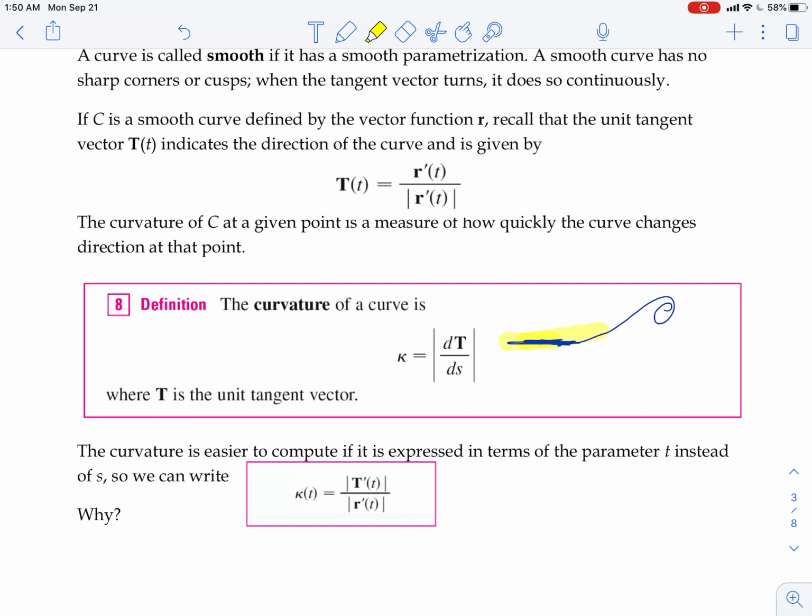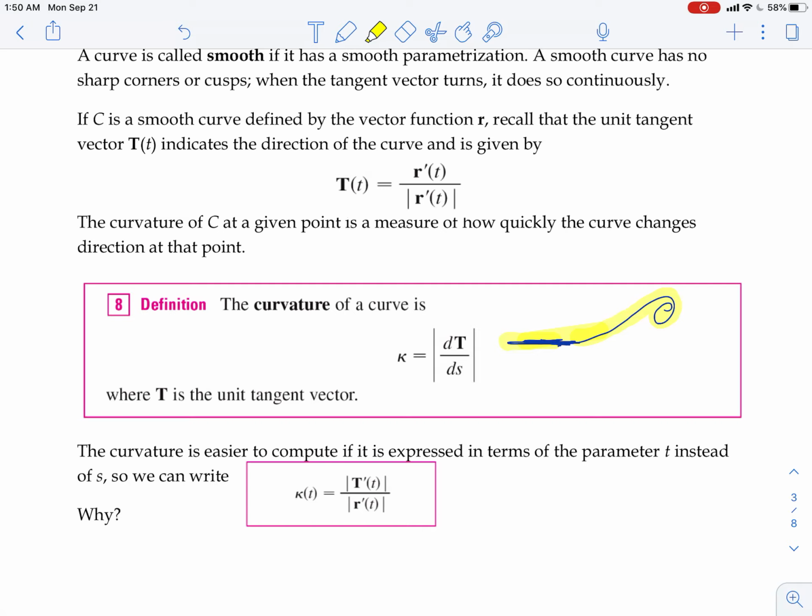Then once we get here, it changes some, but then it becomes more like a line. So when we're talking about curvature, how much less of a line does your curve make? And then when we get here, our tangent vector should be changing quite a bit.